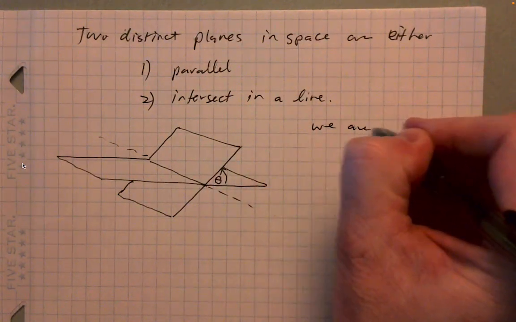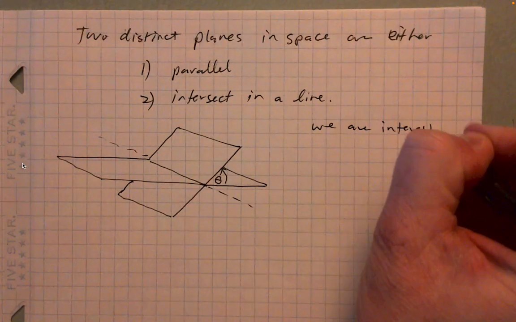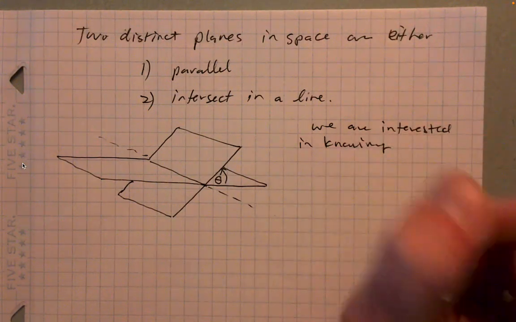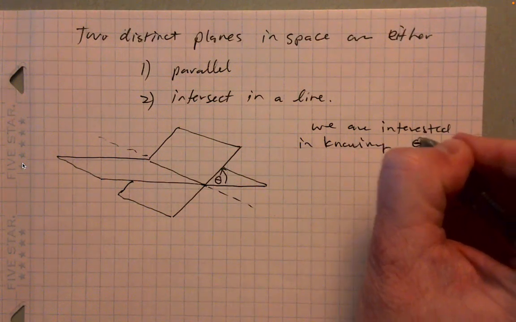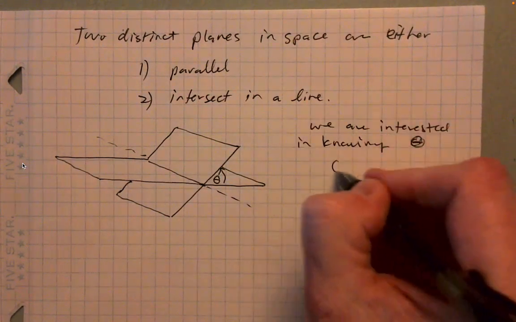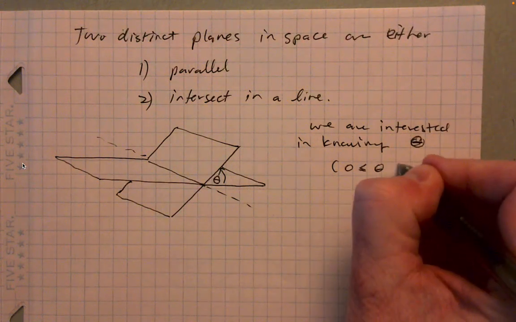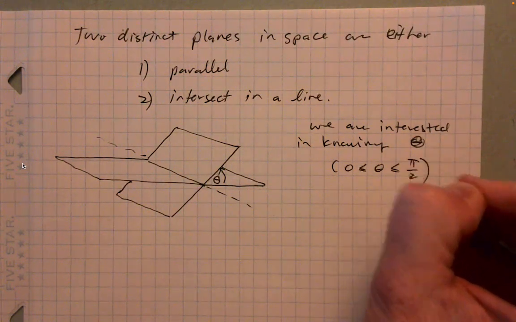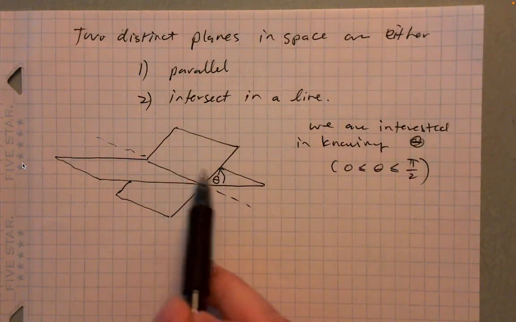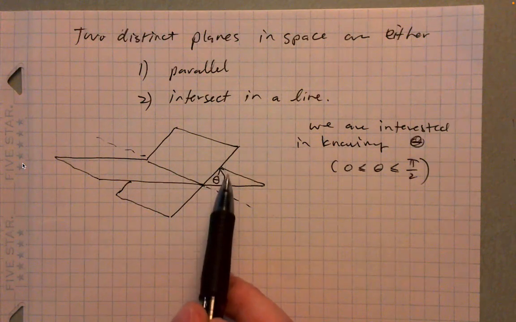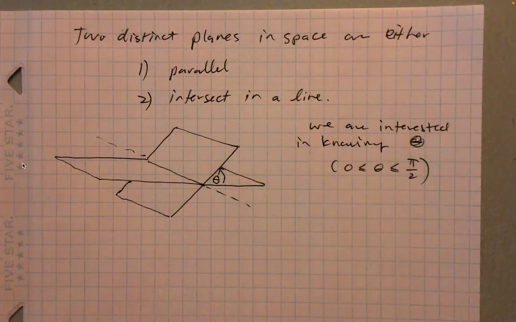So we are interested in knowing theta, and theta is going to be some angle between 0 and pi over 2, right? This is obviously an obtuse angle here, but this is acute. So there's always going to be one of the two that's acute, maybe both if they're both 90 degrees.